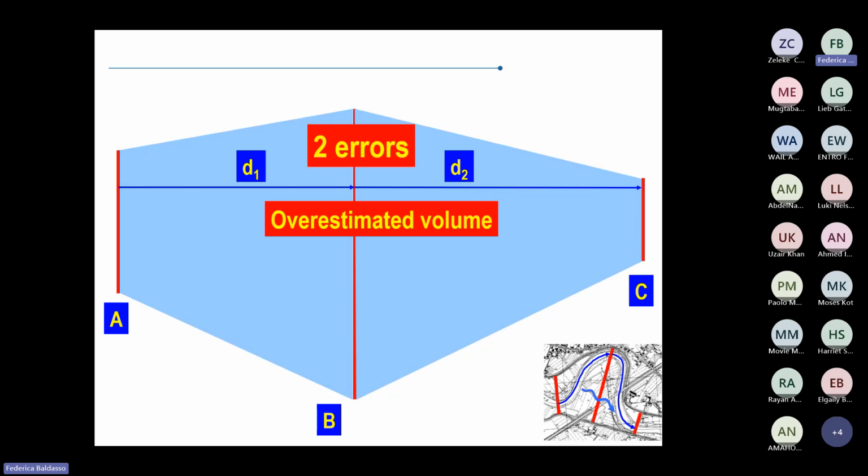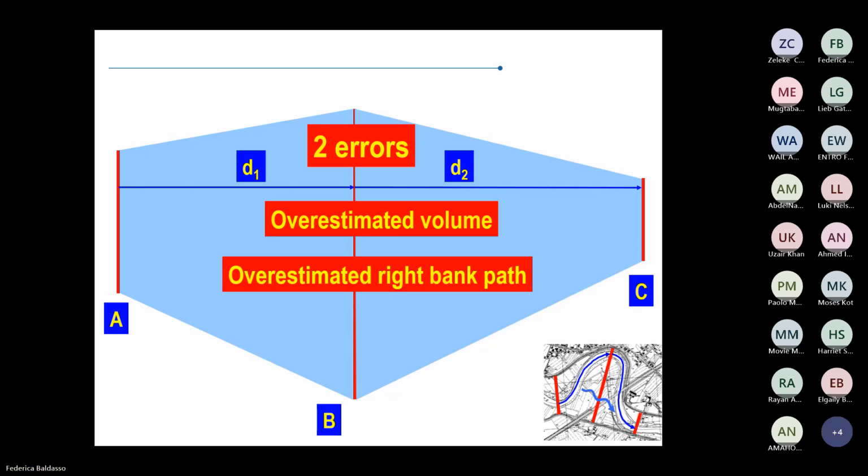You will overestimate the volume of the water flowing in your river, and you will overestimate the right bank path. So the program allows the user to specify three different lengths in order to remove this kind of error.